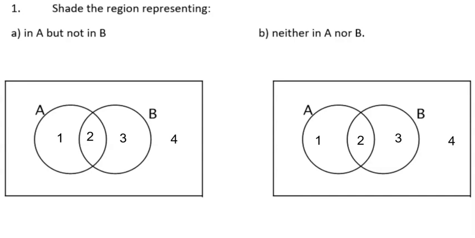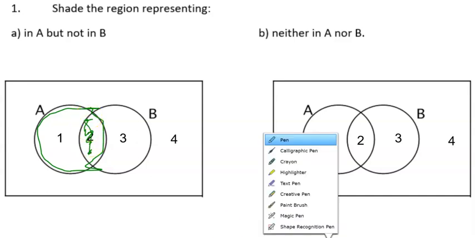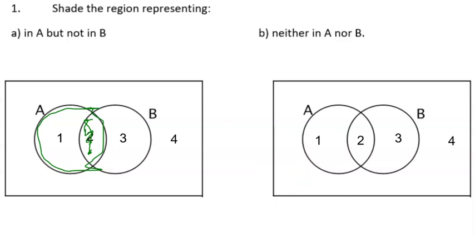So they say start with circle A, but then exclude the part that's in B. What region should I highlight? We should highlight region number 1. There you go. I'll let you do part B.